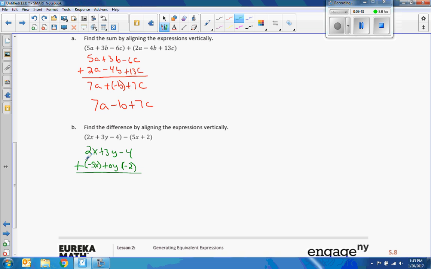Okay? 2x plus a negative 5x is negative 3x. 3y plus nothing, or plus 0y, is still 3y. And then negative 4 plus a negative 2 is negative 6. And when we're done, we want to get rid of our double sign. So it's negative 3x plus 3y minus 6.